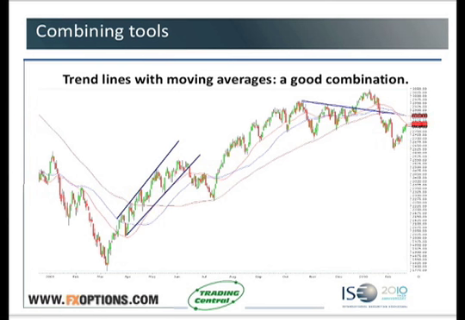On this example, we have the Dow Jones Eurostoxx 50. Sorry, it's not the S&P 500 or Dow Jones Industrial, but it's not the most important. On the first pattern, I drew a bullish channel.